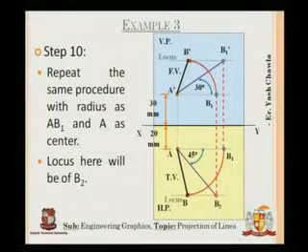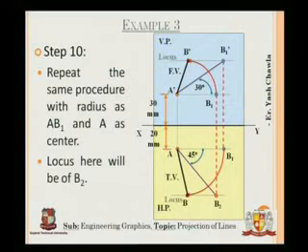Thereafter we dropped the shadow of the intermediate front view, that is A dash B1 dash, on this line, and we dropped the shadow of the intermediate plan on this line.